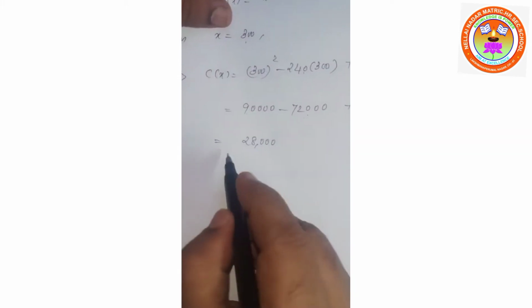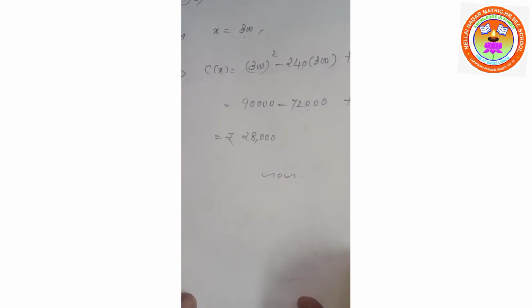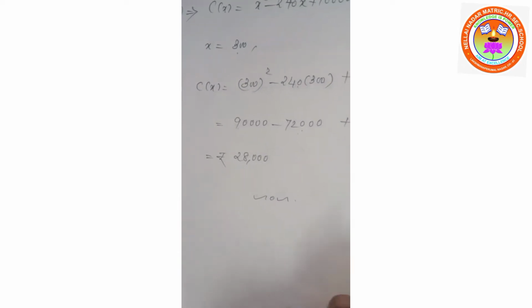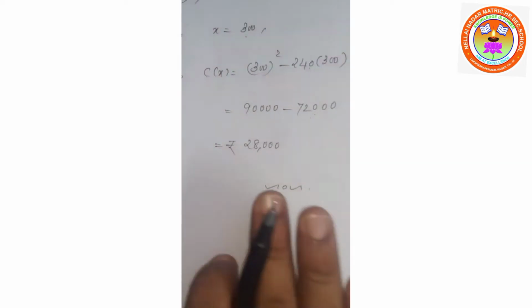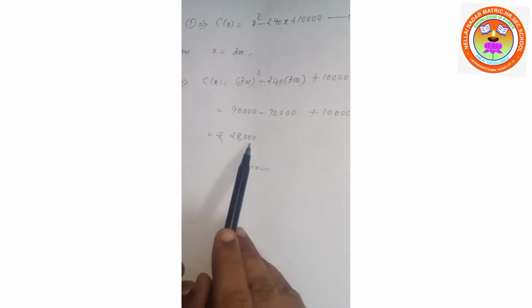Cost, therefore I have to mention the unit rupees. So the cost of the engine after overhauling, if it runs for 300 kilometers, that is 28,000 rupees.